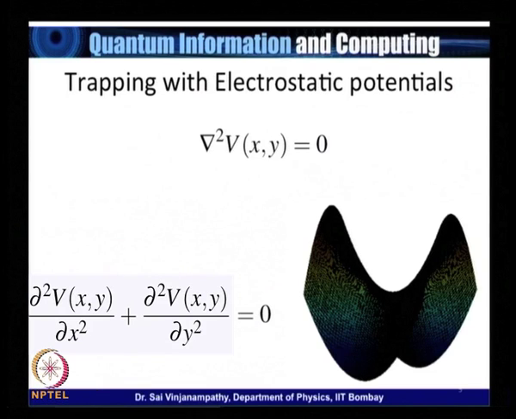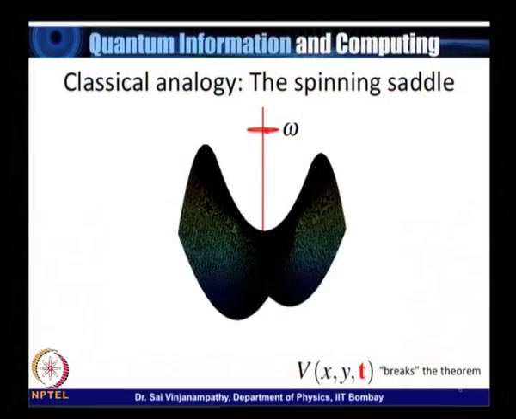The solution actually is available even in this analogy that I pointed out. So let's stick with the analogy of a saddle and a marble in a saddle, and let's see what can be done. So now imagine that instead of a stationary saddle, we have a saddle that is spinning about one of the axes that is indicated here. So consider this saddle to be spinning with a frequency omega.